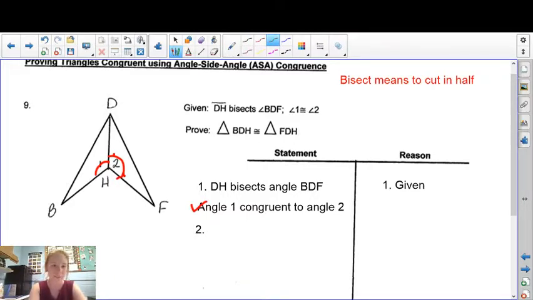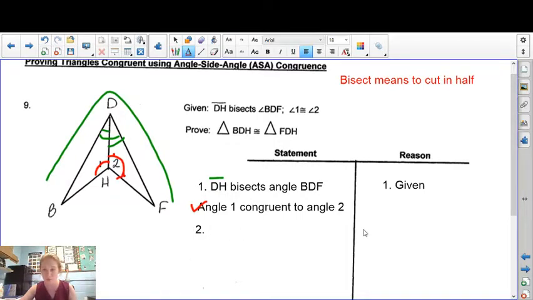It's saying that the line DH bisects angle BDF. So that big angle is getting cut by line DH. I've already used the 1 mark, so I need to use 2. So this piece is equal to this piece. And our reasoning, what are we using here? I'll keep it to the definition of bisect.